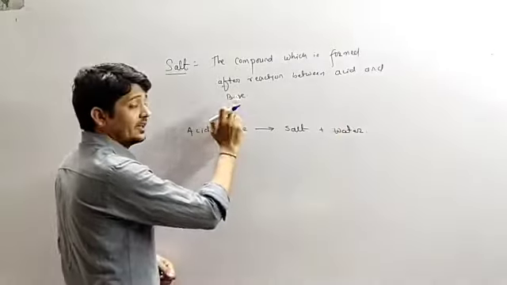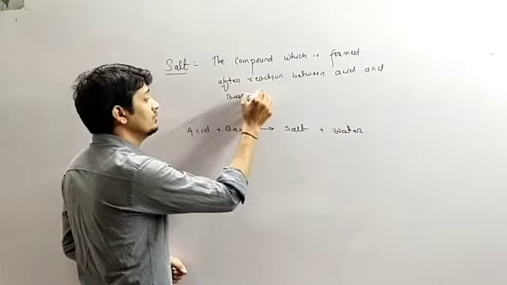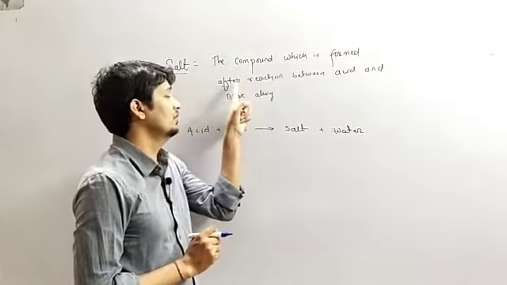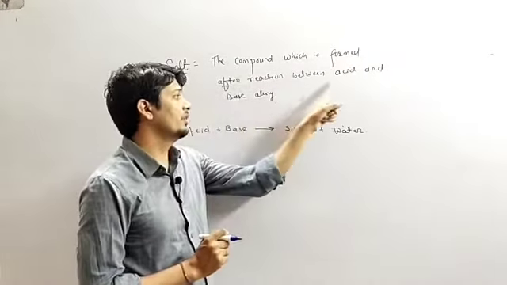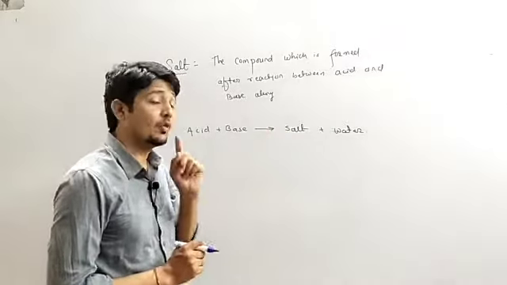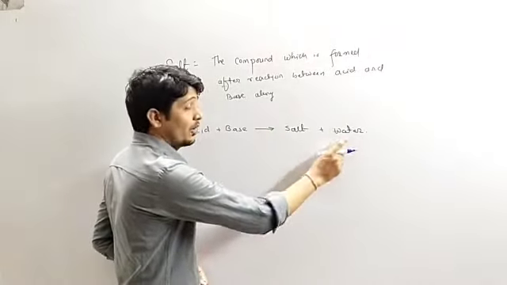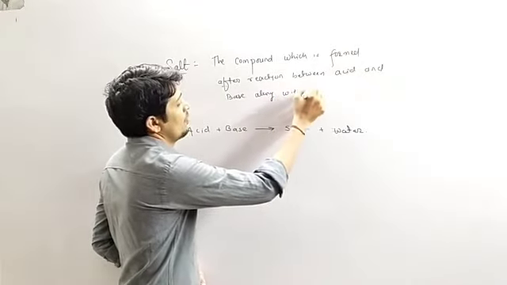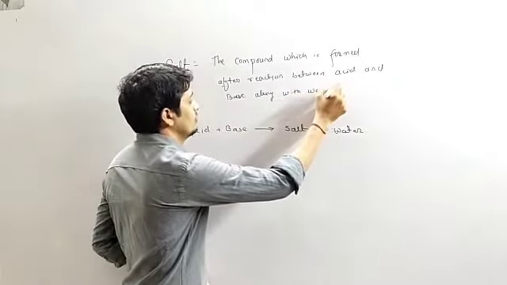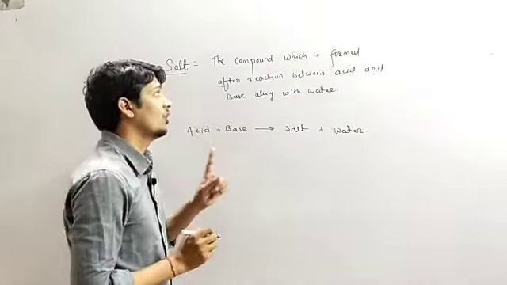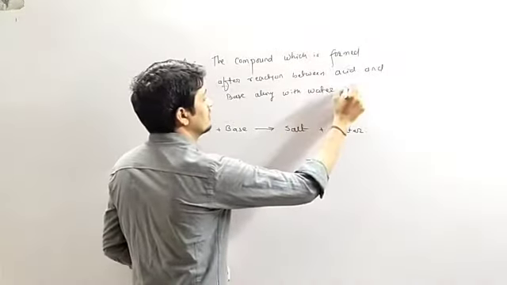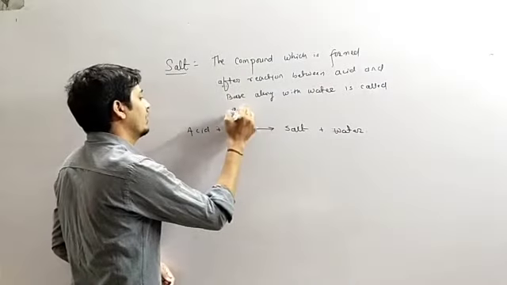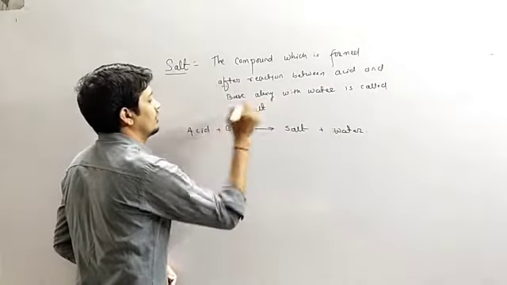So we can write here also along with, see, the compound which is formed after reaction between acid and base along with water. See, water भी form हो रहा है, that's why we had to write along with water is called as salt.